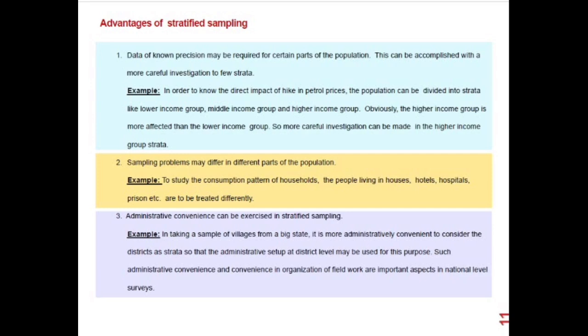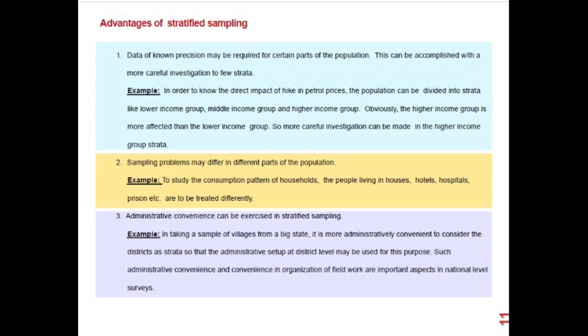We are dividing the total population into groups of homogeneous observations, which we can call stratification. Okay, this is one of the best examples. To know about that, we can divide into strata.